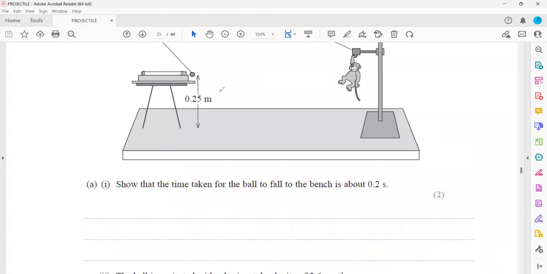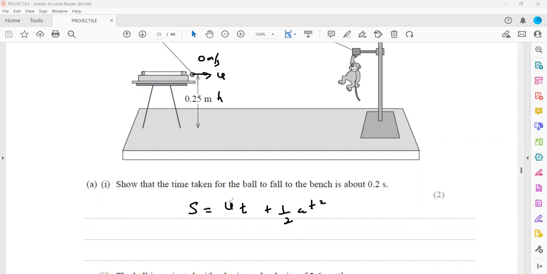So the height is known, the distance is known. There's a horizontal velocity, but the vertical velocity is zero. Horizontal velocity will have some value, but the vertical component is zero. So we can use the equation of motion whenever we use a vertical motion. S equals ut plus half at square.